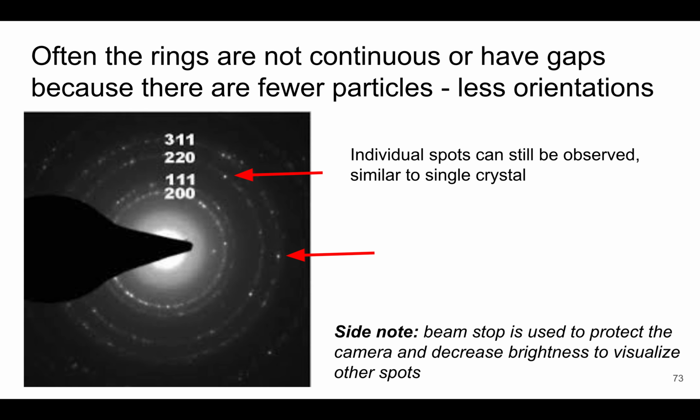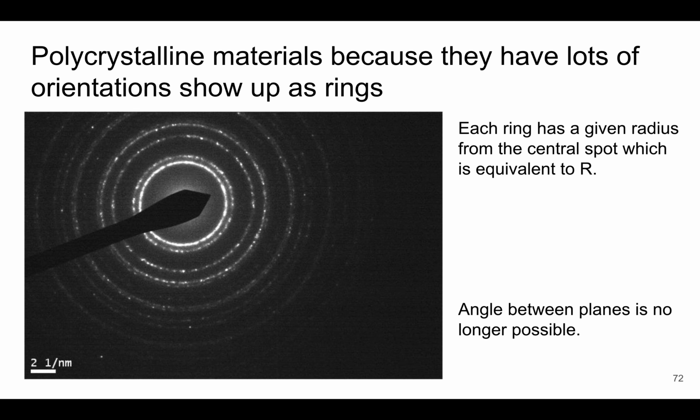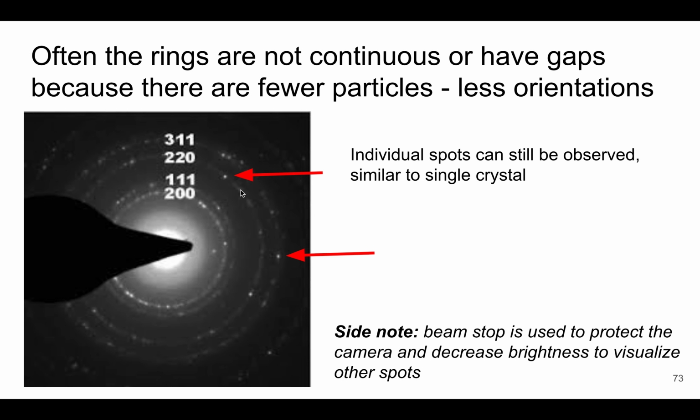So if you have a lot of orientations, you tend to get a consistent ring. But as you get less and less orientation, so if you only have a few crystals, sometimes what you see is discrete spots still, and you won't see a consistent continuous ring.